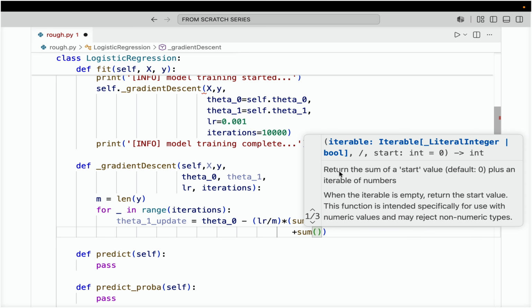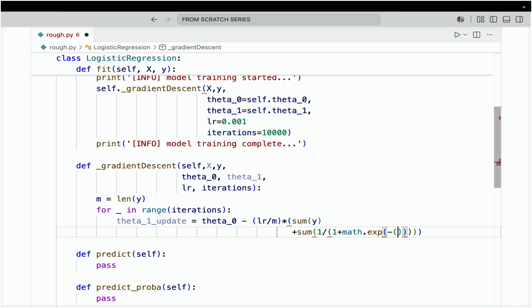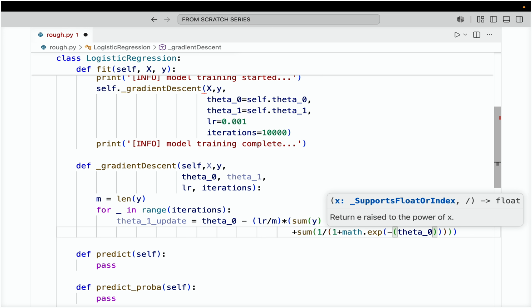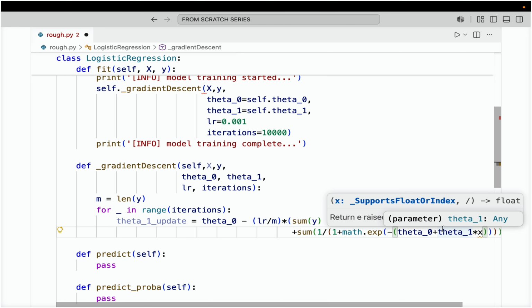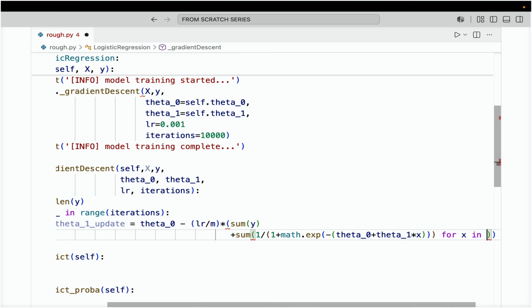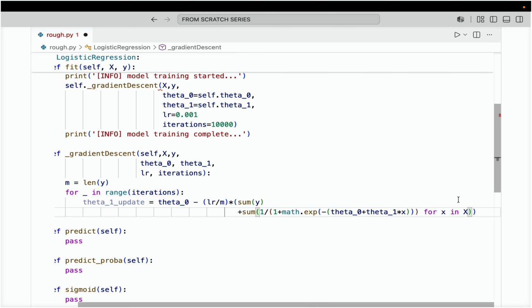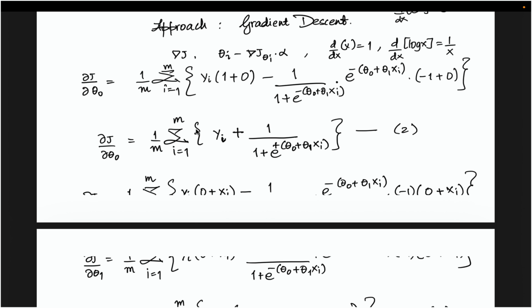Sum of 1 over 1 plus math dot exponential, got minus alpha minus theta 0 plus theta 1 star x for x and x. Yeah, looks about right. Yeah, yi plus this looks good.